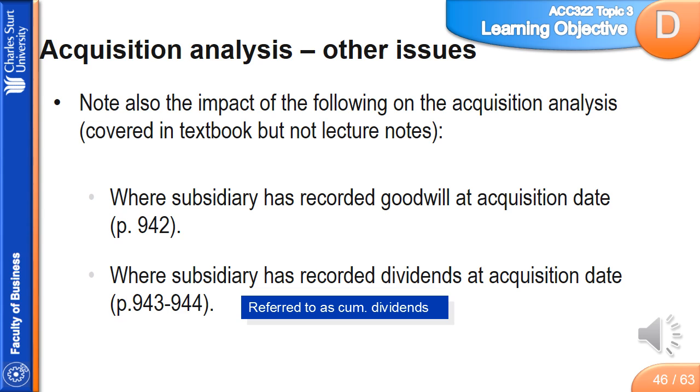If it's being paid, there's no action required, because it's just a matter of cash changing between one party and another, but there's no actual double counting going on. If the dividend's an ex-dividend, you do nothing, no action required, and that's stated on page 944.